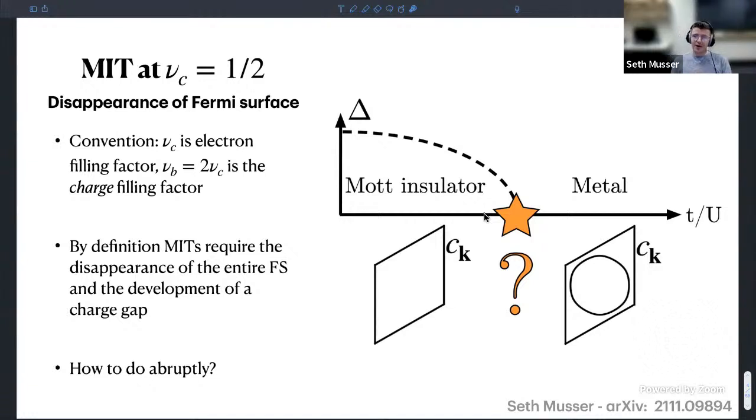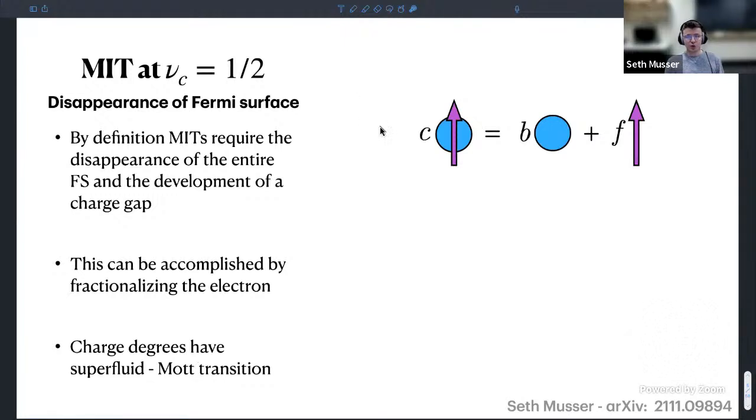So you can ask, how do you do this abruptly? One idea, expanded on by Senthil, is to split the electron at this metal-insulator transition. You treat the electron as having a charge degree of freedom, B, the chargon or boson, with charge e, and F is the spin degree of freedom, the spinon, which is a fermion.